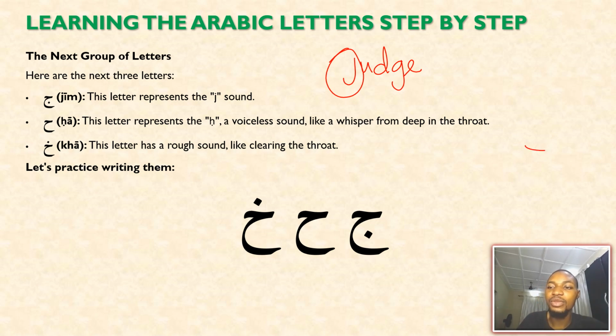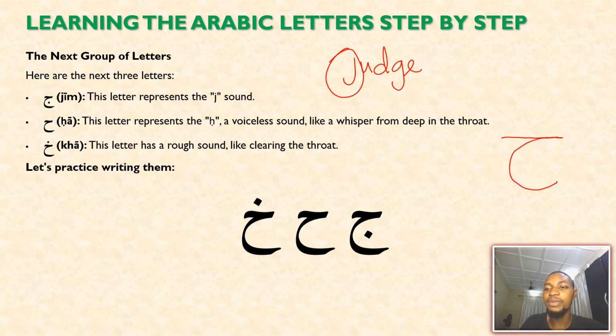Jim has this shape. It's basically like you're drawing a line, then from the end of that line, you're making a semicircle. Very simple. So we have a line from left to right, then you make a semicircle from there.